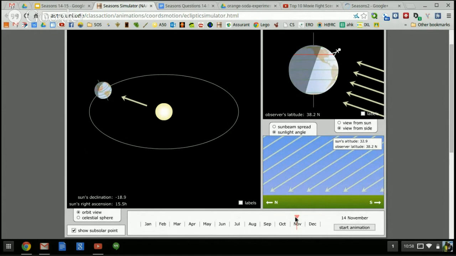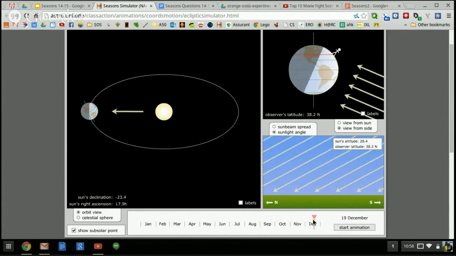All right. So here we have the sunlight coming in at kind of an angle, and it doesn't go as high up into the sky as it normally does. And as you look, it's actually going to get less and less until around December 21st.